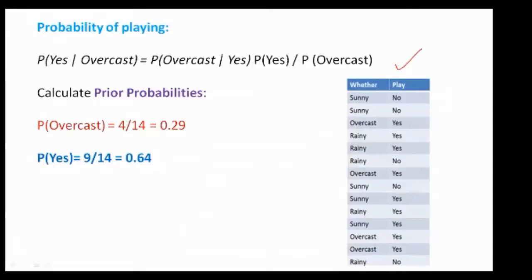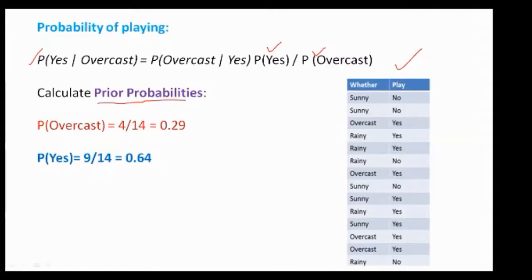The same column is shown here. So we want to find this probability, and this formula we have written. Now first we'll find the prior probabilities. These are probability of S and probability of overcast. So we want to find, if weather is overcast, whether the player can play or not.